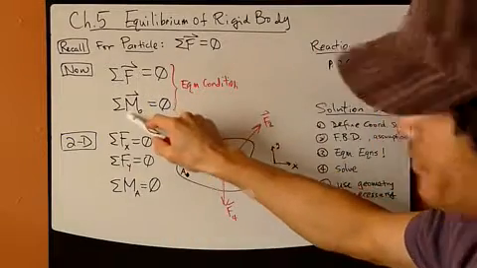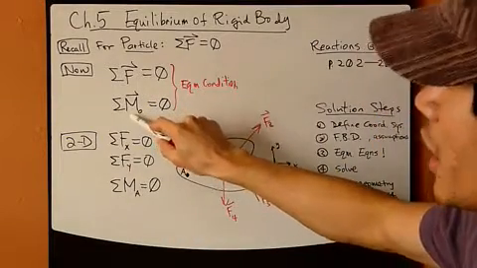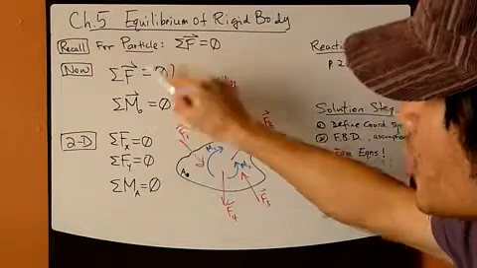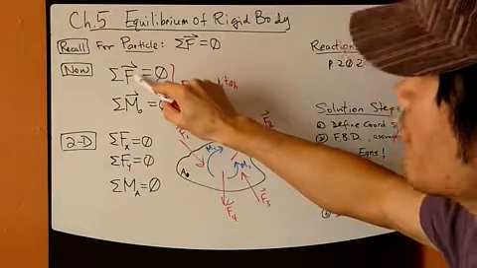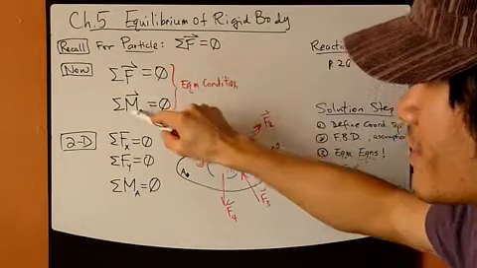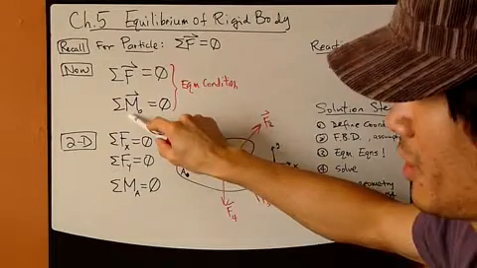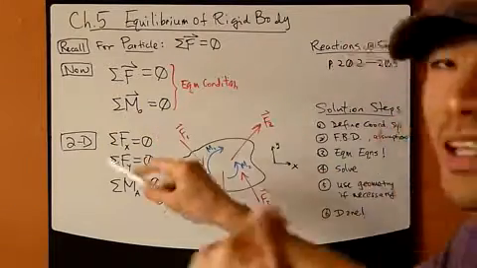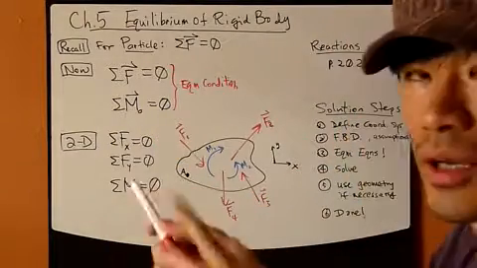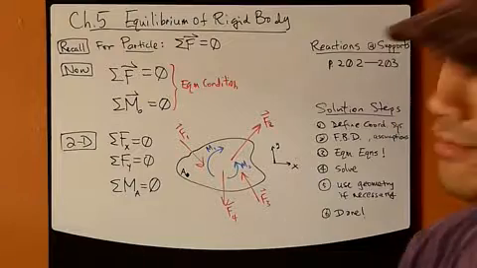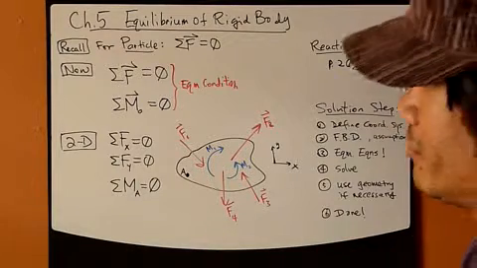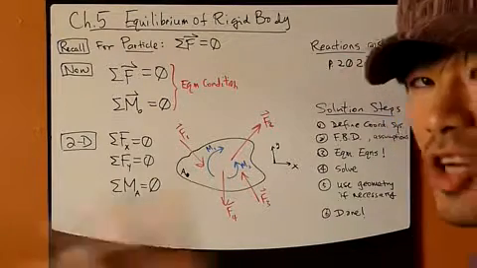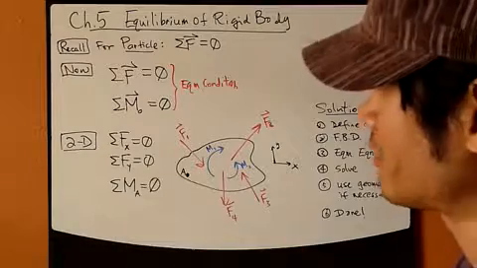The sum of moments includes the moment created by each of the forces, that is the R cross F term, as well as any applied couple moment. So that's where we bring in chapter 4, all the couple moment stuff.